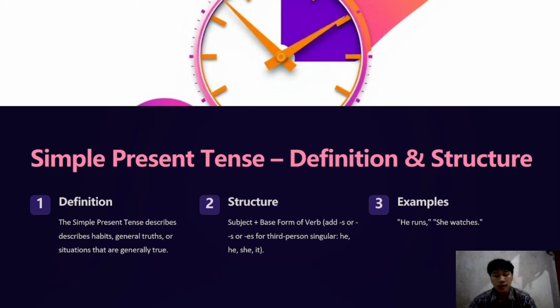For example, instead of saying he play soccer, we say he plays soccer. And instead of she go to school, we say she goes to school. Remember, this tense is particularly useful when we want to talk about regular actions, things we do repeatedly, like our daily routines or weekly activities.